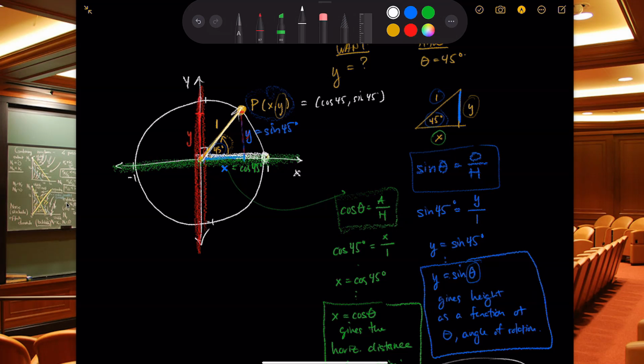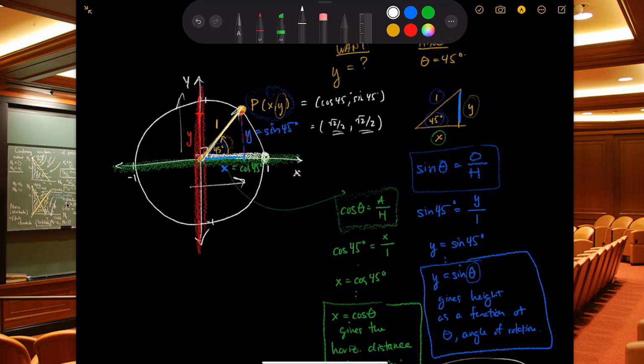Since this is halfway between both, it's the same value. This is radical 2 over 2. You can put this in your calculator and verify that. You get the same number because it's the same percentage of up as it is over, splitting the difference. So that's just a nice thing to know.